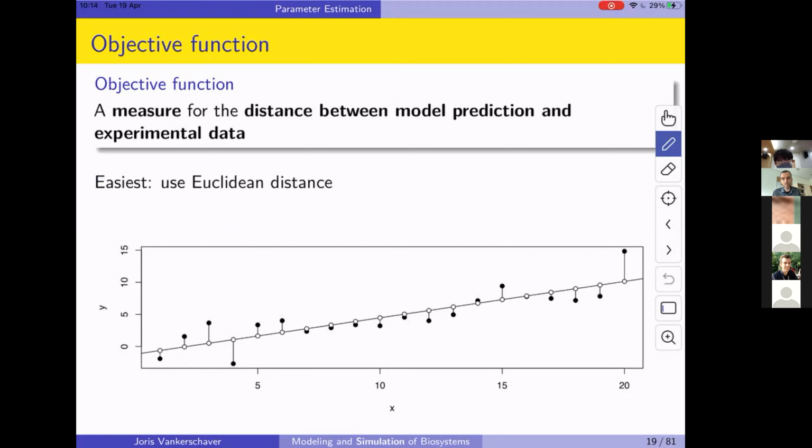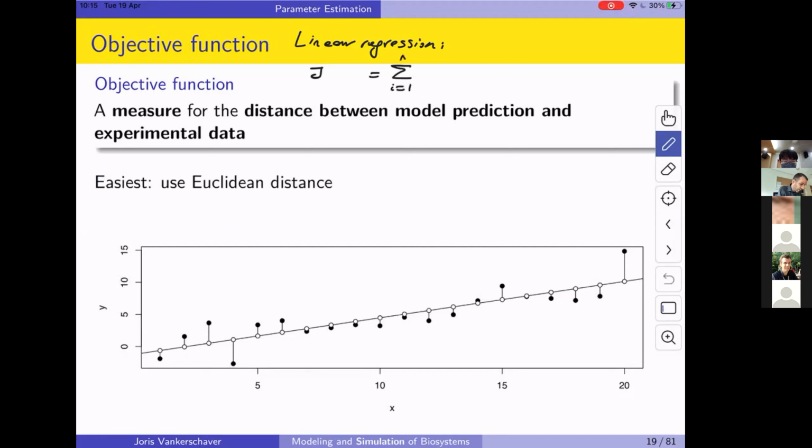So for instance, for linear regression, we have an objective function, J, and I'll write something here, but I'll leave it a bit blank for the moment. And our objective function was basically, we said, okay, we want to minimize the sum, not of the residuals, but of the residuals squared. So we'll take the sum over all the data points.